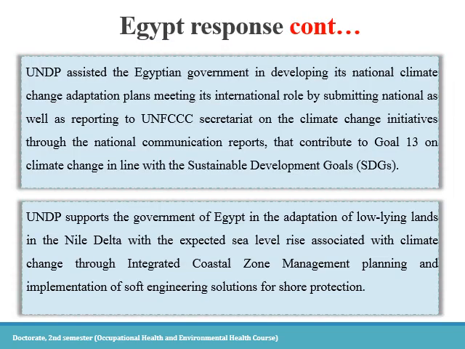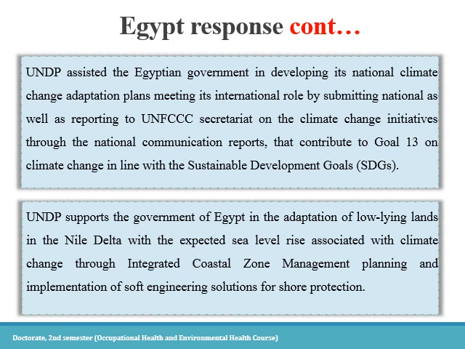The United Nations Development Program assisted the Egyptian government in developing its national climate change adaptation plans, and in meeting its international role by submitting national reports to the United Nations Framework Convention on Climate Change Secretariat on the climate change initiatives through the national communication reports that contribute to Goal 13 on climate change in line with the Sustainable Development Goals.